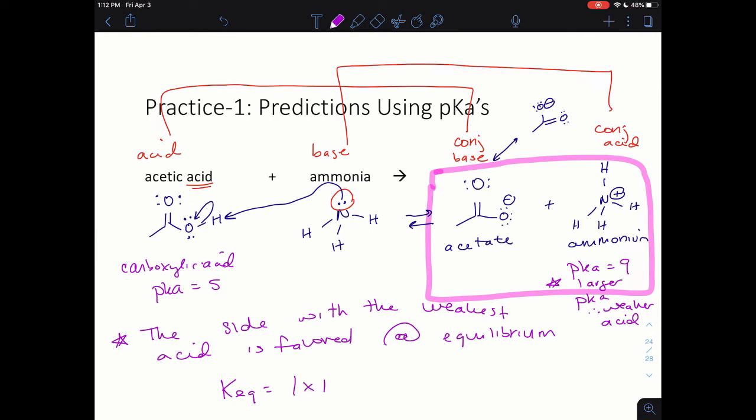Now, if we want the equilibrium constant, it's 1 times 10 to the pKa of the product acid, that would be 9, minus the pKa of the reactant acid, that would be 5, or 1 times 10 to the 4, which is much, much, much greater than 1. So products are favored at equilibrium.